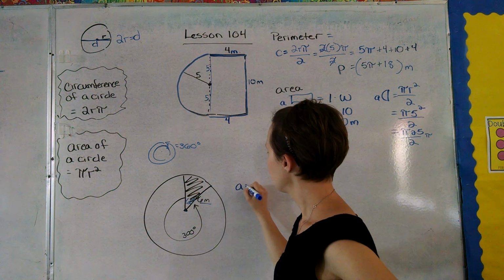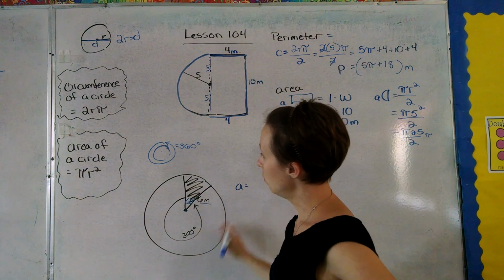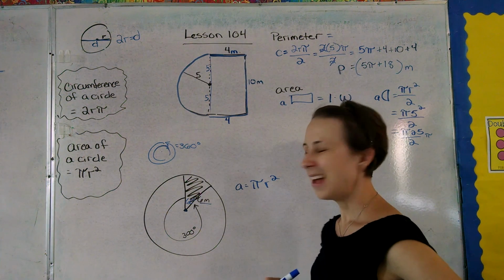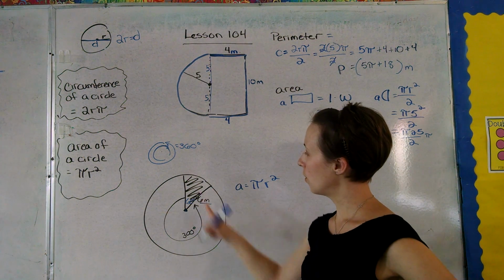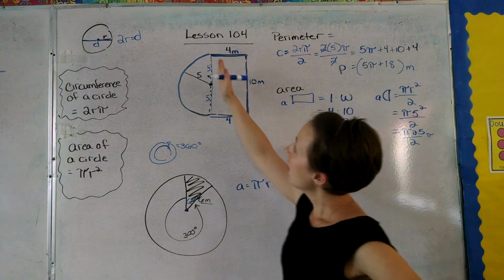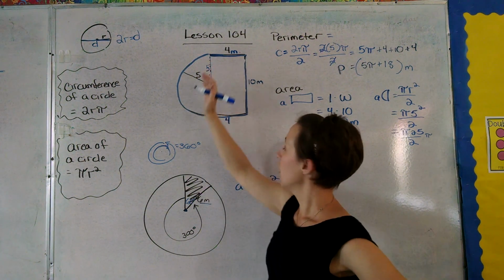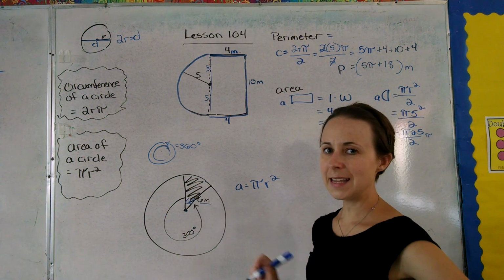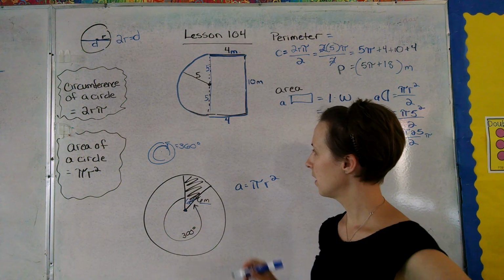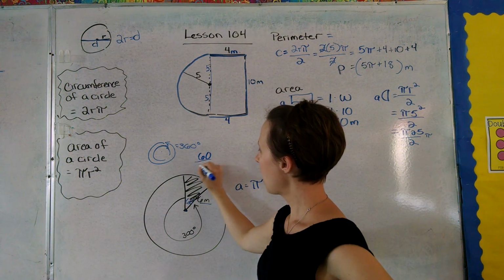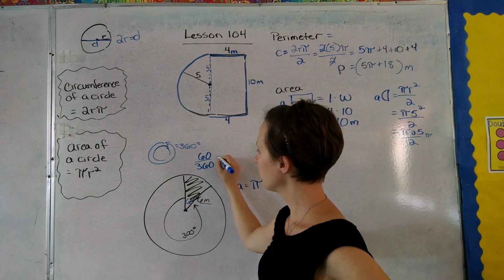Area of a whole circle is pi r squared. And I don't want the area of a whole circle. I want it of this part of the circle. When I wanted half of a circle, I took half of my area. What fraction is this? I've got 60 degrees out of the whole 360.